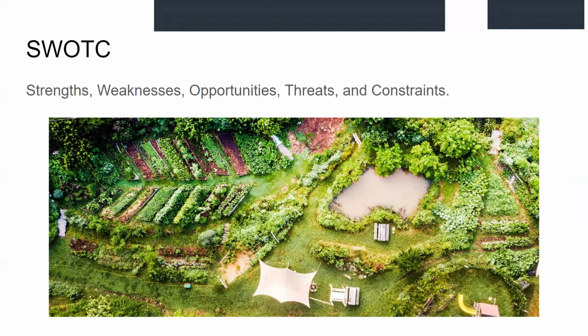Just mentioning the neighbors again: this is all going to be limited to our property. It will be communicated very transparently to everyone, including our neighbors, so they'll be aware of what's going on.